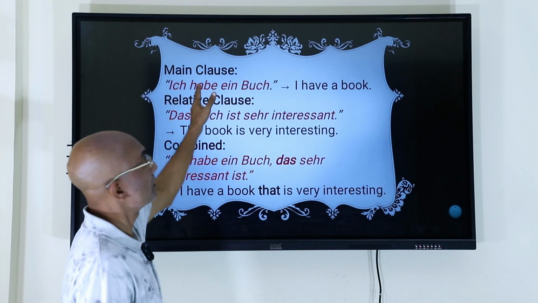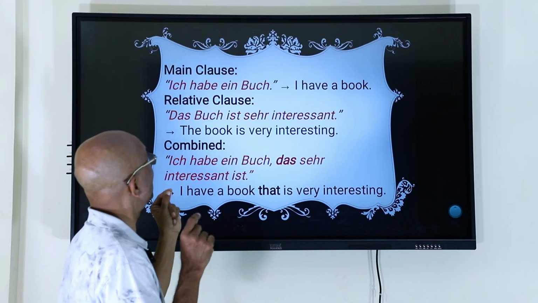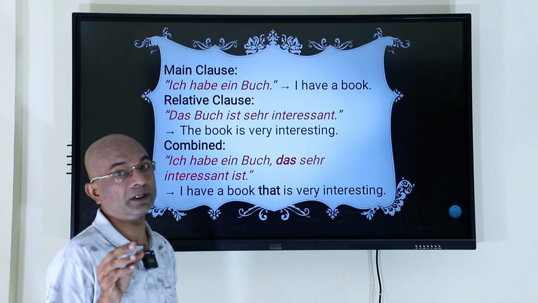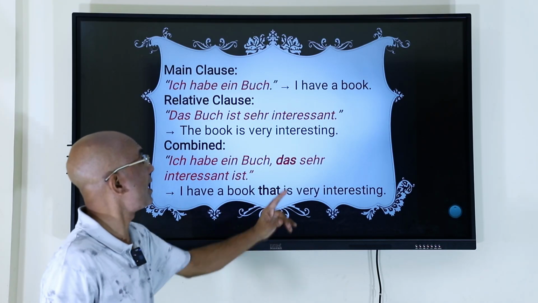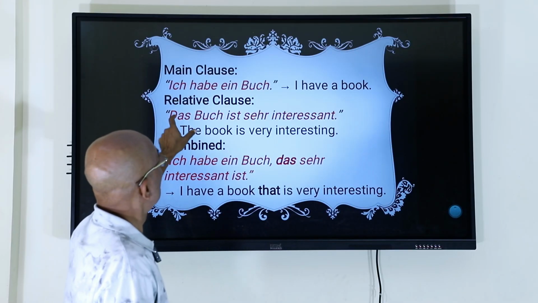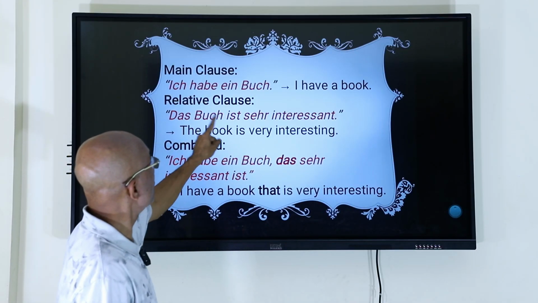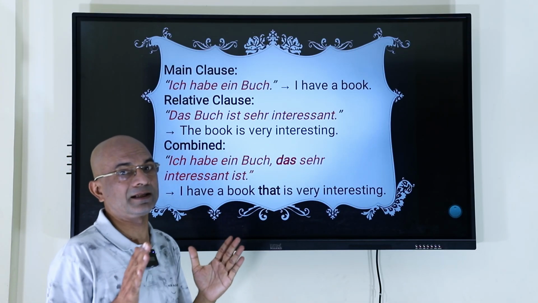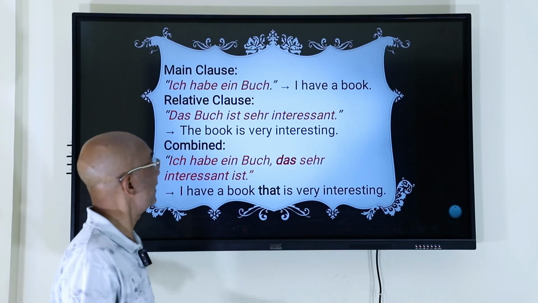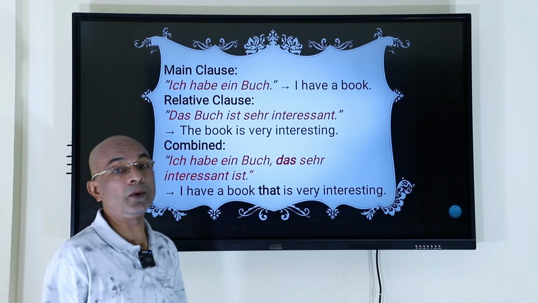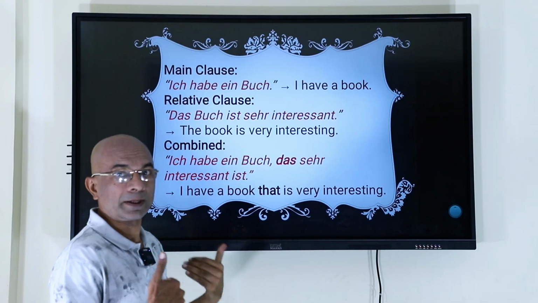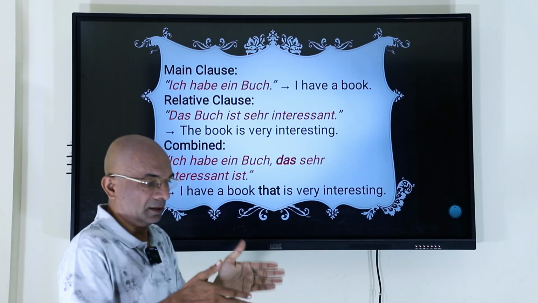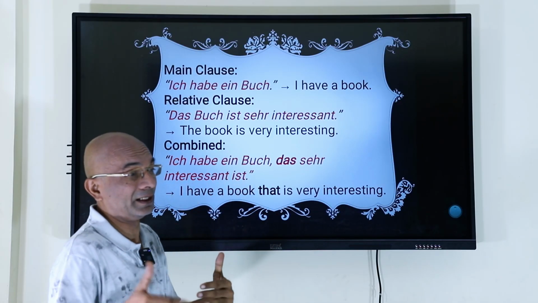So the main clause is, what is the main clause? Ich habe ein Buch. I have a book. The relative clause is "Das Buch ist sehr interessant." The book is very interesting. So, I got a book and this book is interesting.